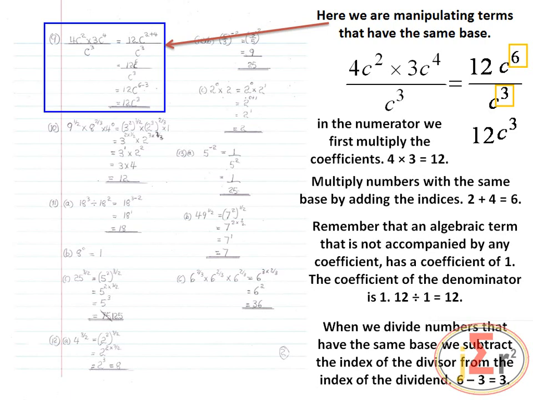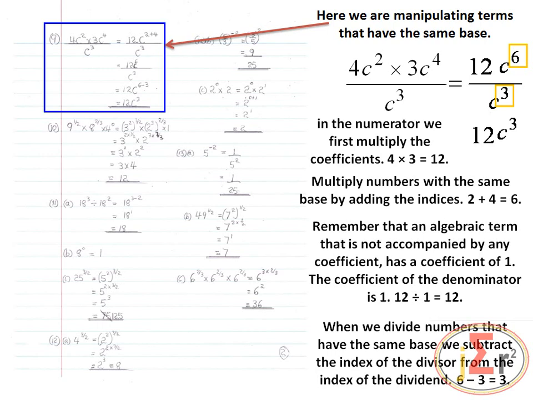It is also important to take note that when we are dividing, we just do not say we subtract the indices. We just do not say that, because subtraction is not commutative.